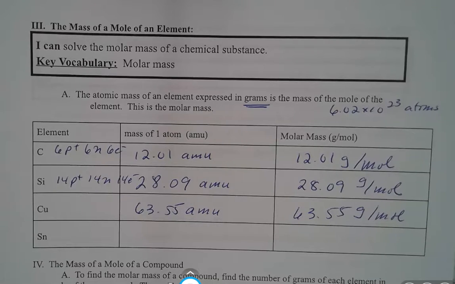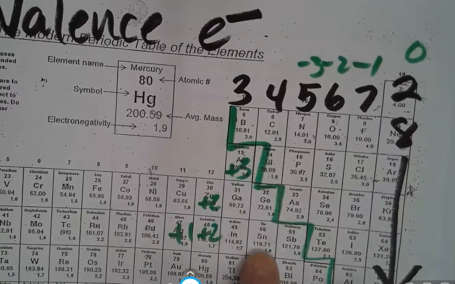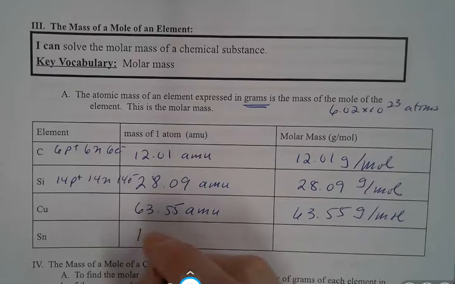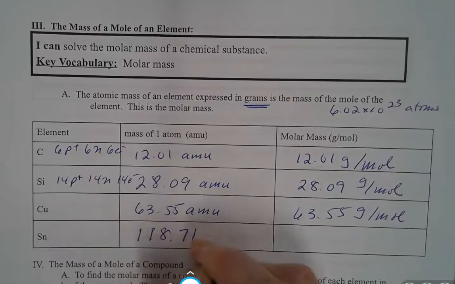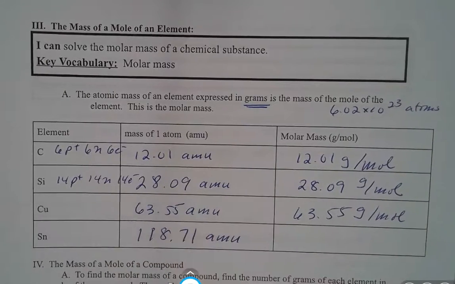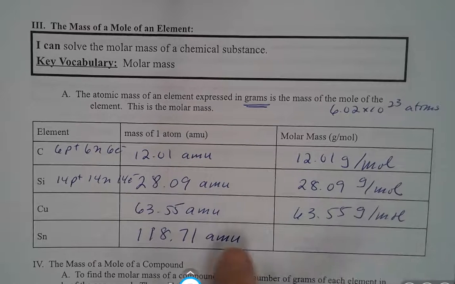And then finally, tin. I actually used some tin in class the other day as an example. It was 118.71. That's how much 1 atom has. Wow, tin has a pretty large mass. I wonder why that is.